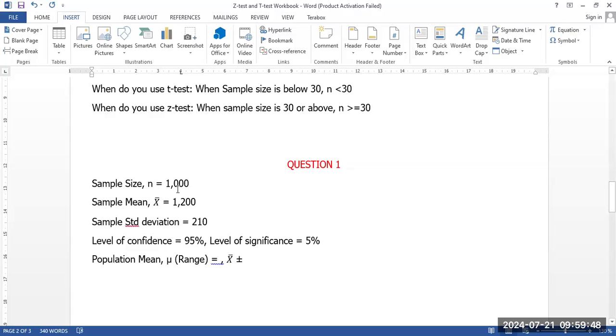Now, the question is, are we using the t-test or the Z? Here we are using the z-test, because n is above 30, the sample is 1,000.